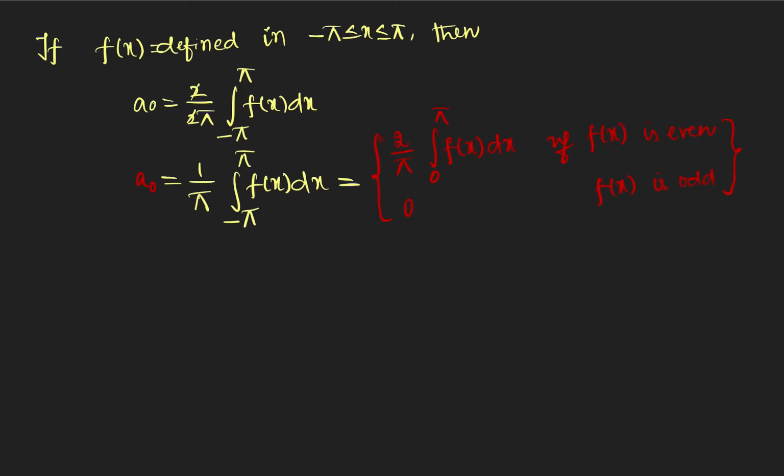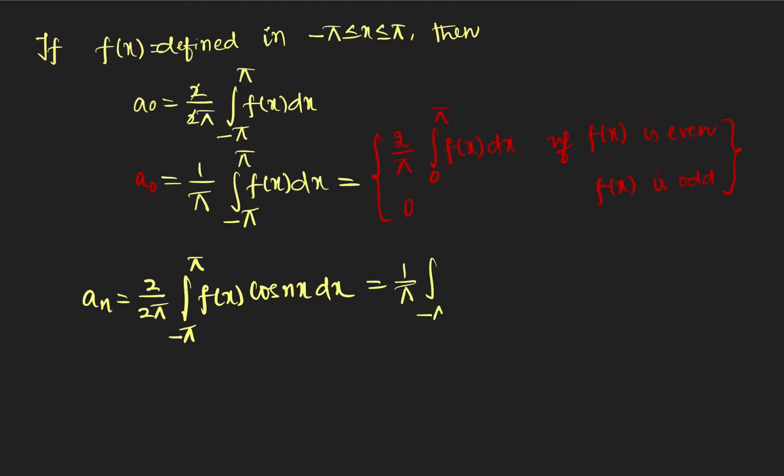Similarly, an is given by 2 by 2 pi, integration runs from minus pi to pi, f of x into cos nx into dx. To get the detailed information about this, look into the first lecture on the Fourier series. So we will get 1 by pi, integration runs from minus pi to pi, f of x into cos nx into dx.